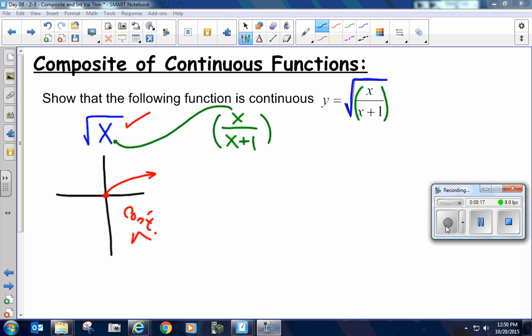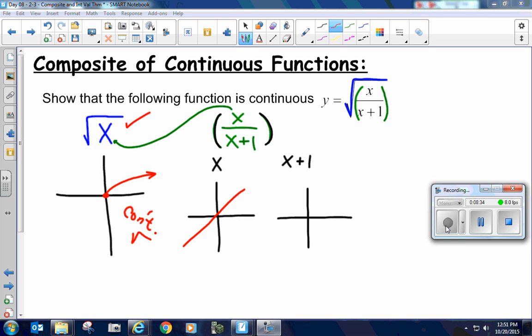Again, we have a fraction. If I can prove that the numerator is continuous and the denominator is continuous, then the whole fraction becomes continuous. All right? Well, that's just a 45-degree line. That's good. It's a line. That's continuous.